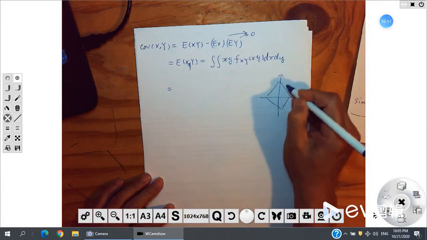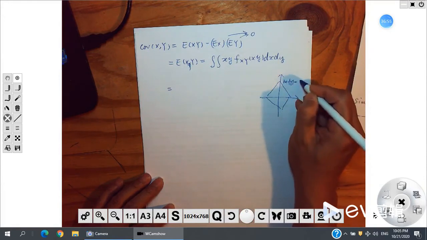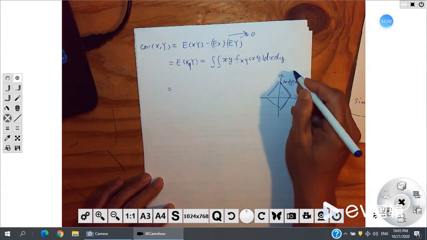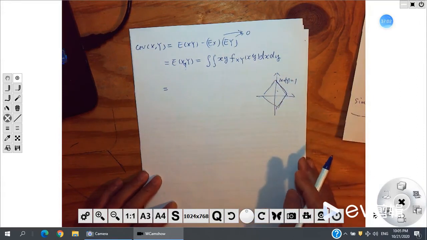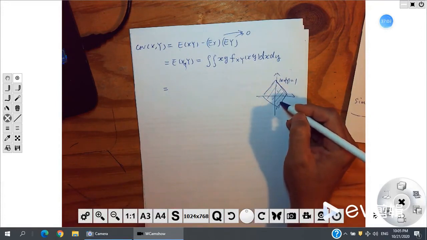This is |x| + |y| equal to 1. This is a bound. And the inside is smaller than 1, outside is larger than 1. For the inside part, I do the integral.